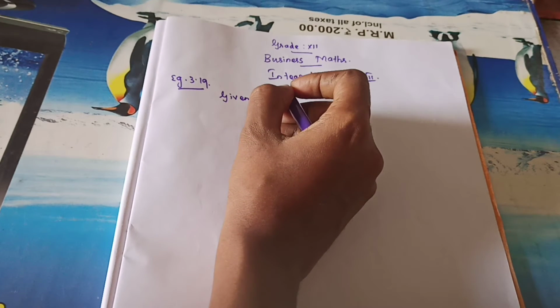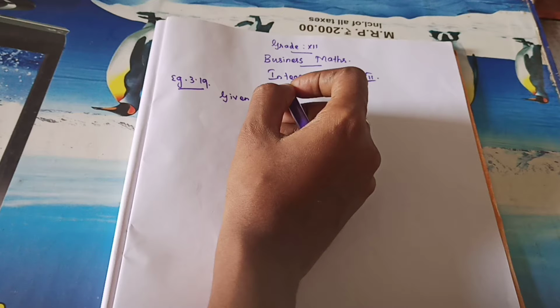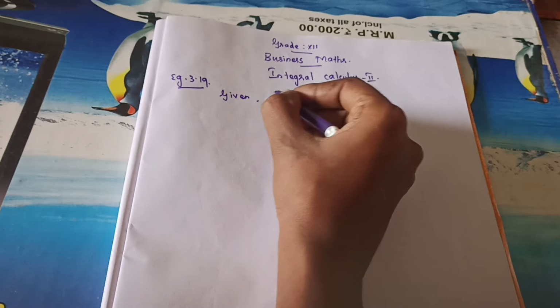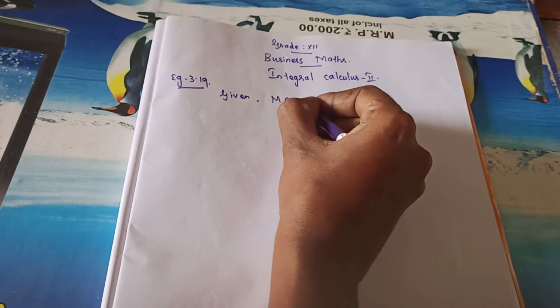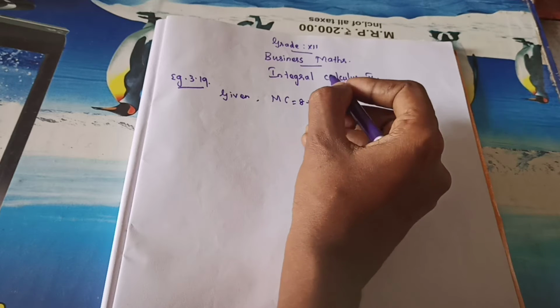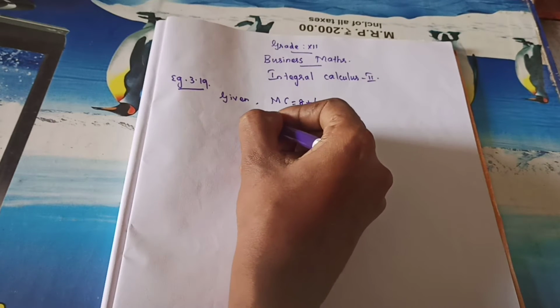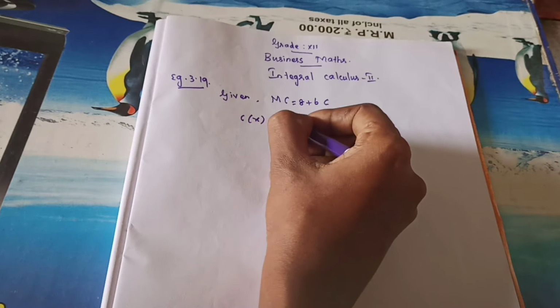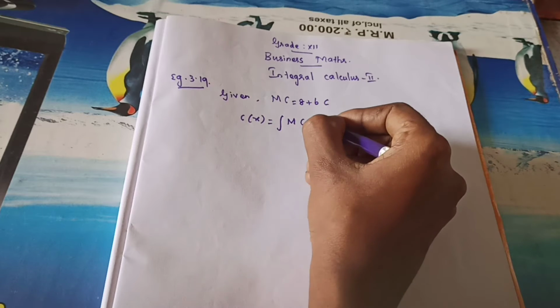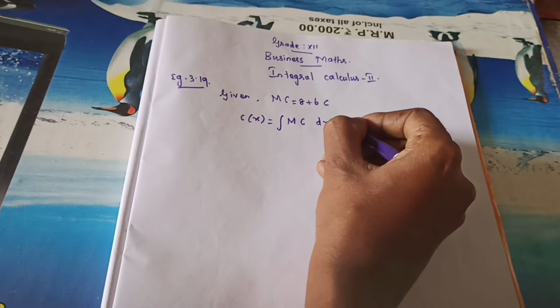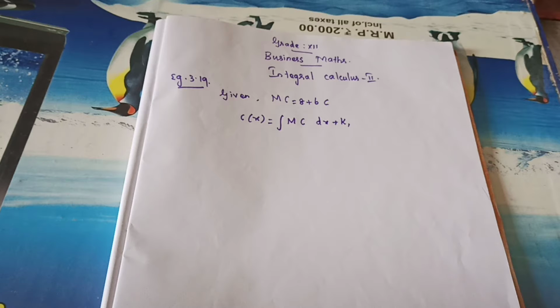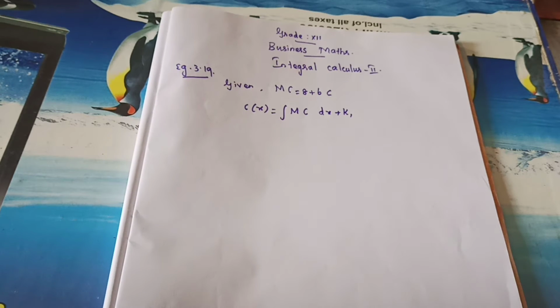The marginal cost and marginal revenue are given. Marginal cost is given as 8 plus 6x. So C of x is equal to the integration of MC dx plus constants. We need to apply two constants, so the first constant we apply as k1.